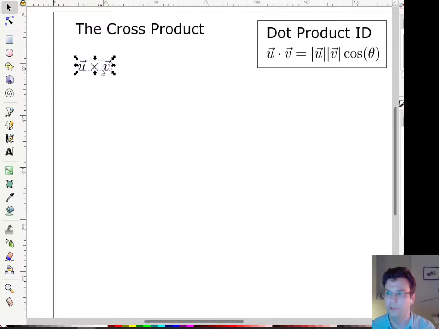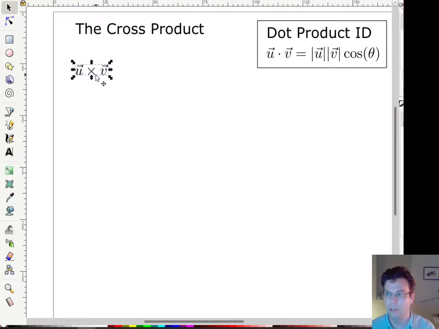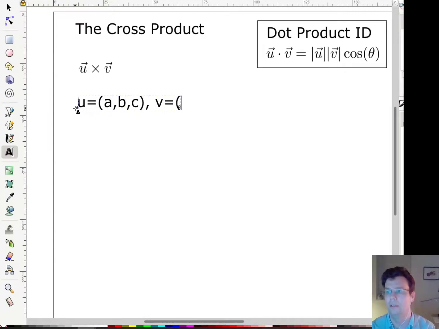It's denoted by this times sign, and it's only defined for 3D vectors. Let's say u is (a, b, c) and v is (d, e, f).